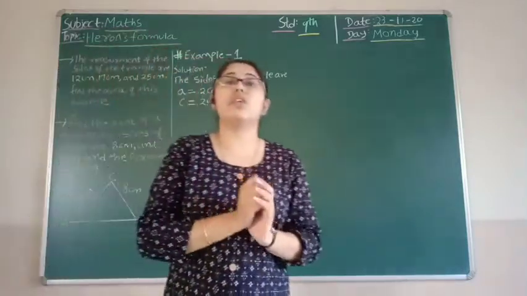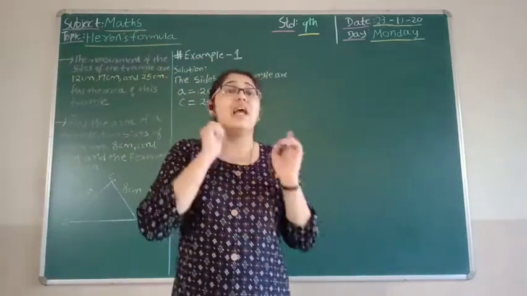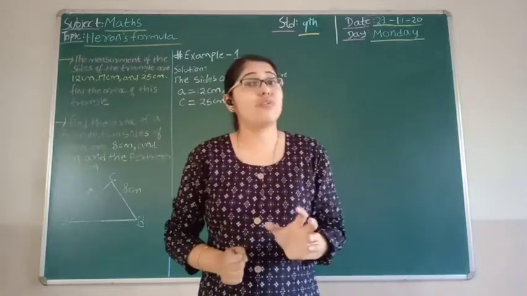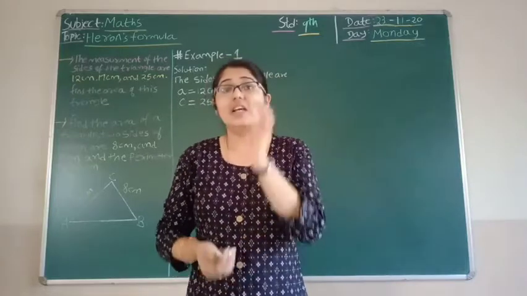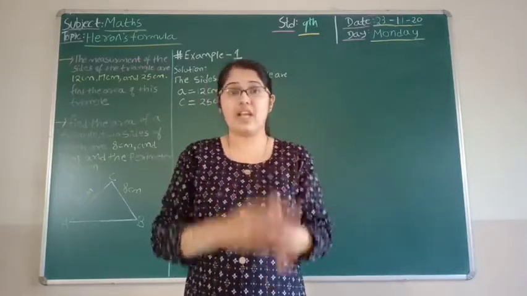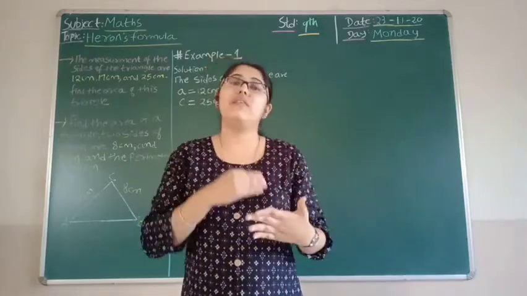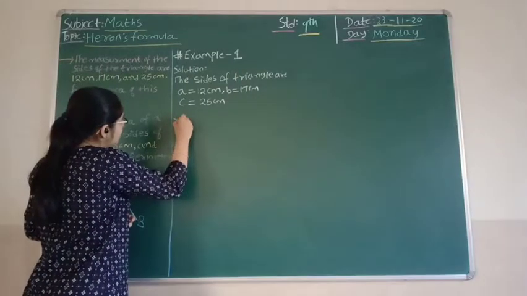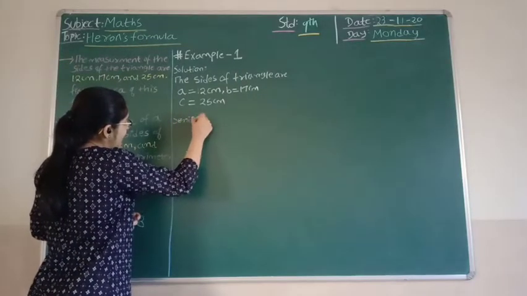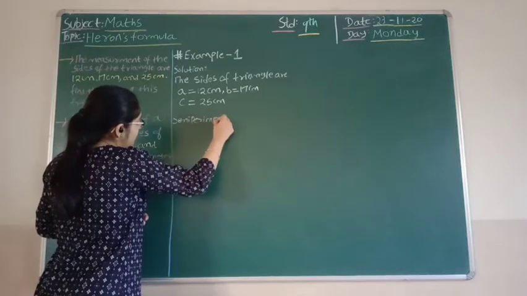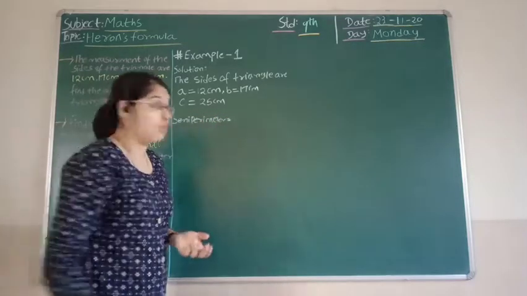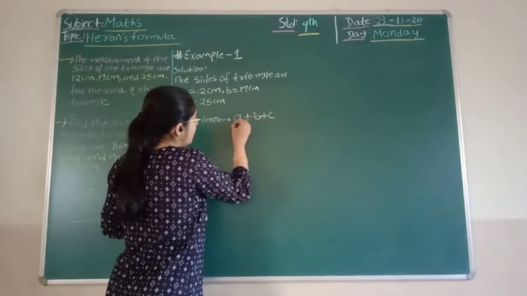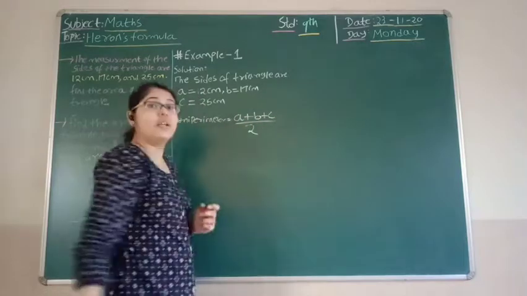Now, the first thing which we need to find in this formula is small s, and small s is nothing but the semi-perimeter. We know the formula to find the semi-perimeter is the sum of the sides of the triangle, that is (a plus b plus c) whole divided by 2. So first I find the semi-perimeter, which is equal to (a plus b plus c) whole divided by 2.